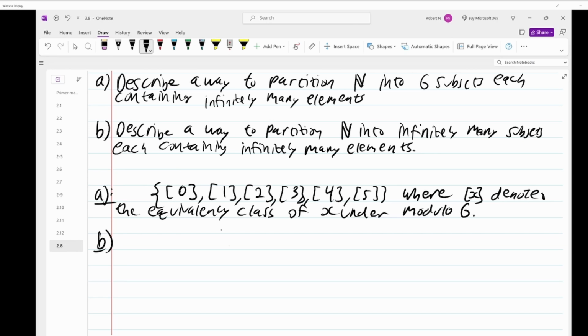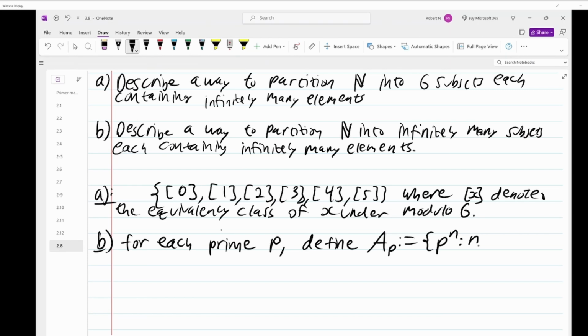Oh, incredible. Okay. So, for each prime P, define A_P to be all the powers of P, so P to the n, with n bigger than 0.